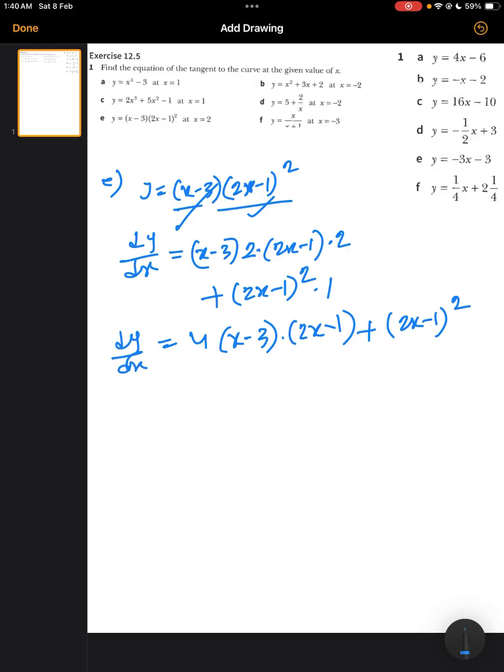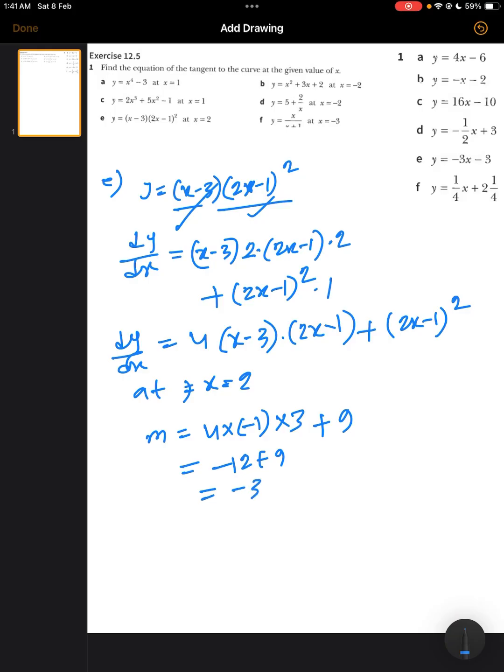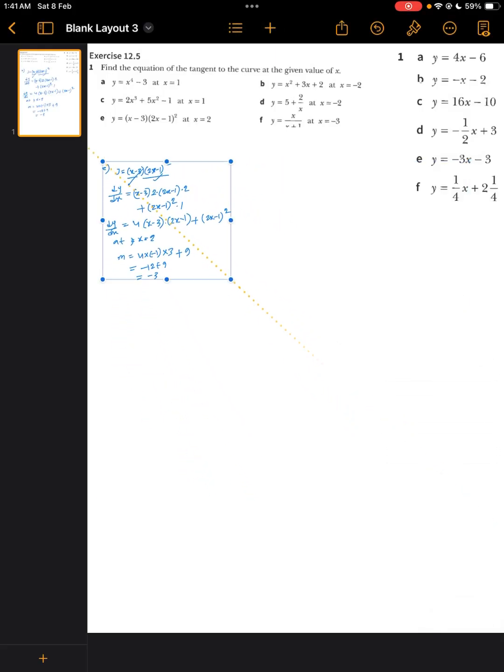dy/dx. Now at x equal to 2, the m would be 4 times minus 1 times 3 here plus 9. So minus 12 plus 9, the answer would be minus 3. We got our gradient.